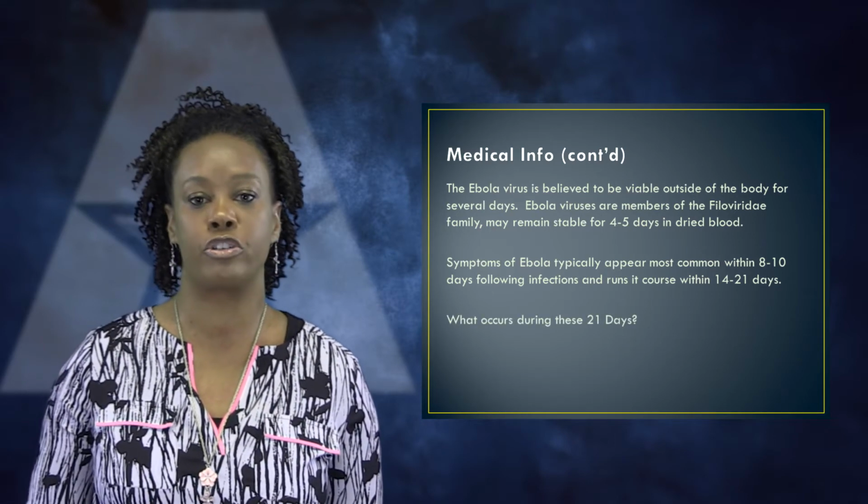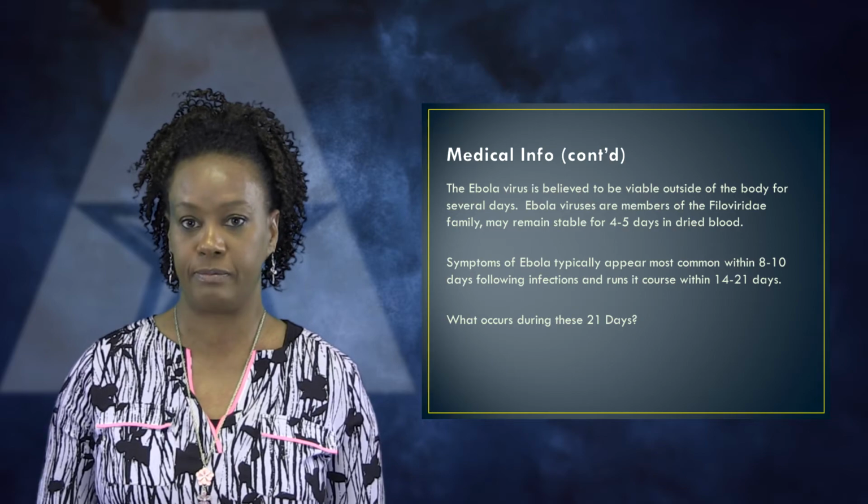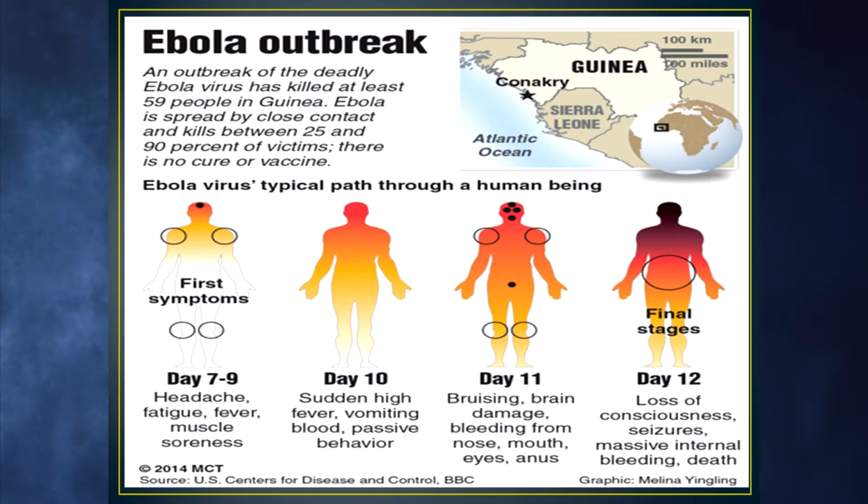So what occurs during these 21 days? If you notice in the diagram, the first symptoms may show up within day 7 to 9. A person may experience headaches, fatigue, fever, or sore muscles. By day 10, there could be sudden high fevers.